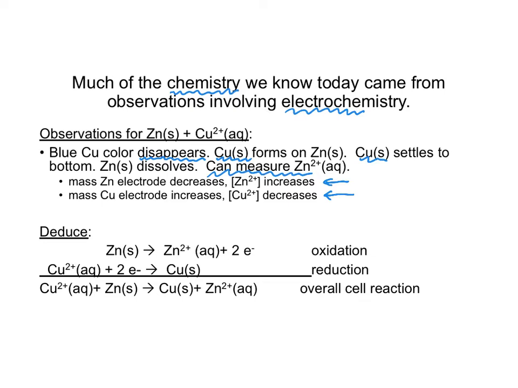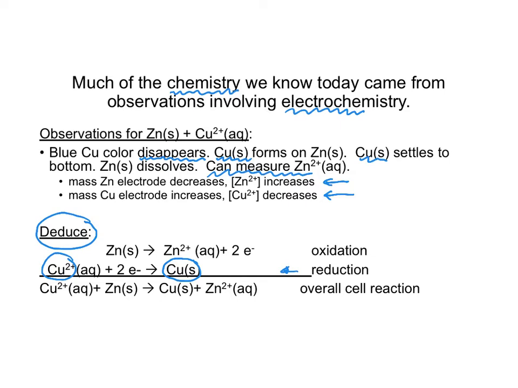Now again, in the interest of time, I'm just going to roar on through. You can slow this down. But you can deduce what the two half reactions are. If we had copper 2+ originally, a beautiful blue solution, and we started to see copper solid, we would say, hey, that's the half reaction that represents reduction. So we'd have to have an oxidation.